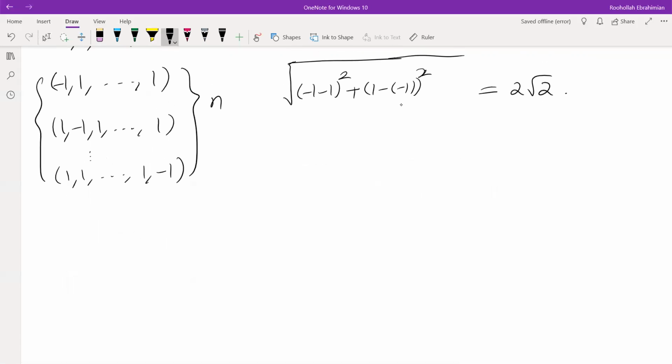So I'll divide my vertices into these sets. Unfortunately, 2 to the power of n is not divisible by n, so you can't really divide 2 to the power of n vertices into exactly sets of this size. There's going to be some left over.